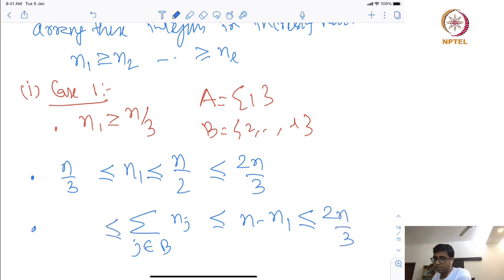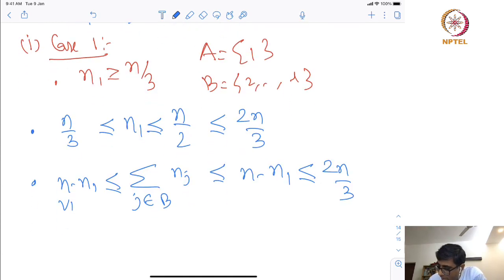Now, what about the lower bound? What is the summation over j in B of nj? Well, you know that n1 has size at most n by 2. So, this is definitely at least n minus n over 2.